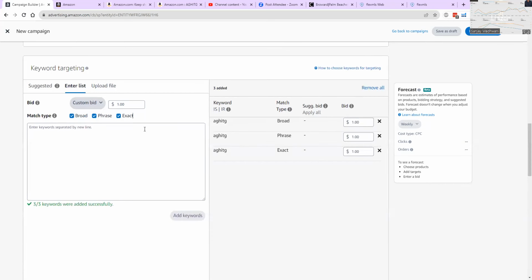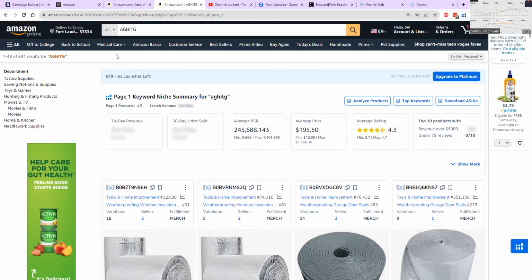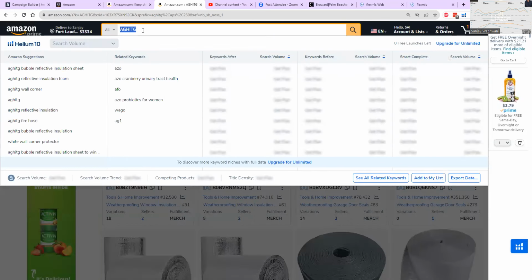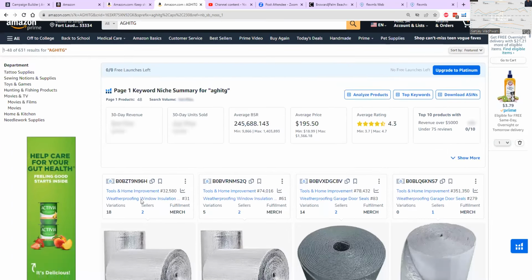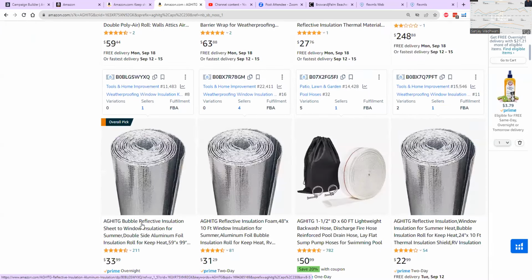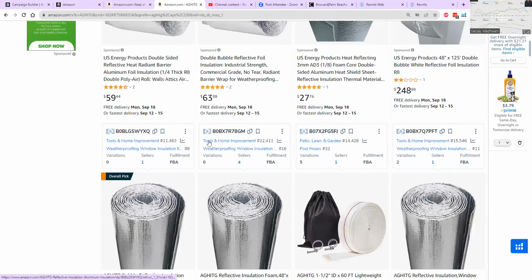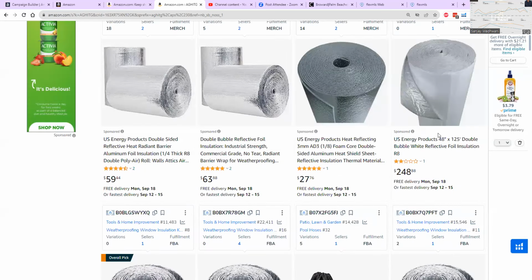Whoever is targeting your product, in this case, this company right here has no value, it's showing no value in Amazon. So these companies are probably bidding 25, 30, 40 cents to outbid this company. But if you do $1, then they need to beat your price above $1 in order to show up.